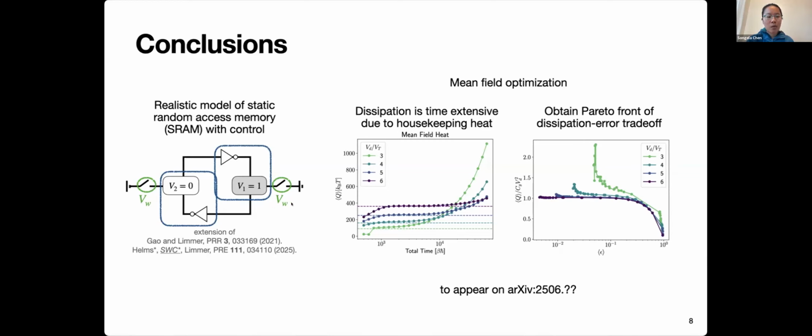Basically, it tells us that we want to maximize the current through this access transistor and not through other parts of the circuit, because we want to most efficiently drive the current through the part of the circuit that's actually doing the erasure. Cool. Thanks.